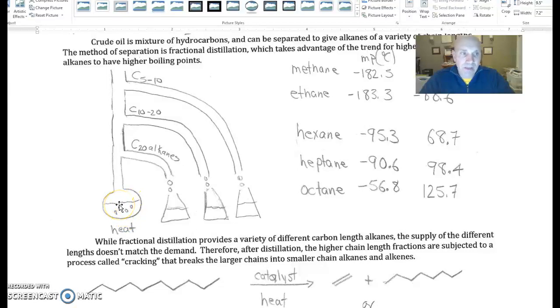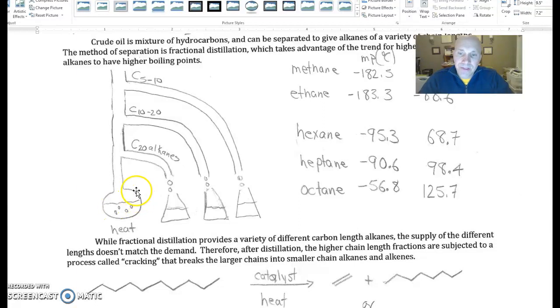If you've ever seen people paving roads, where they've got that hot tar that's mixed with a bunch of rocks, that's asphalt. That hot tar is basically going to be those really high chain length alkanes that are just a leftover byproduct when you're doing this distillation, and you can use that to pave roads.